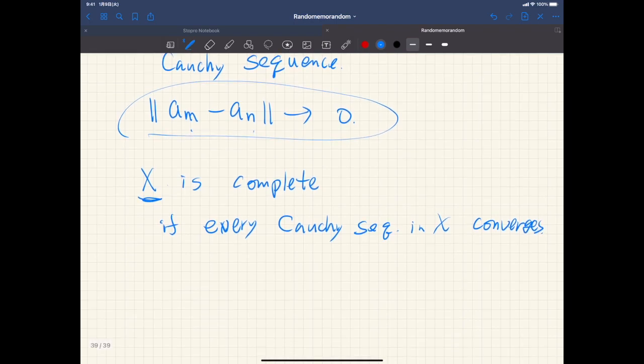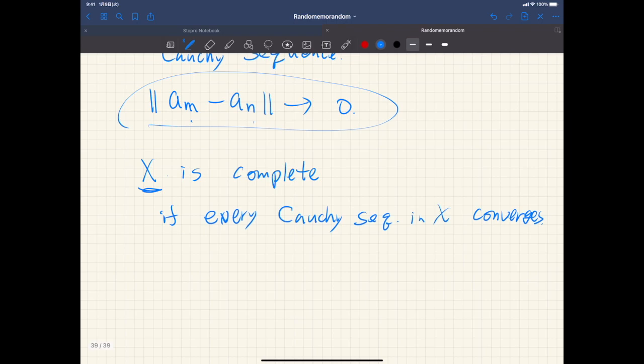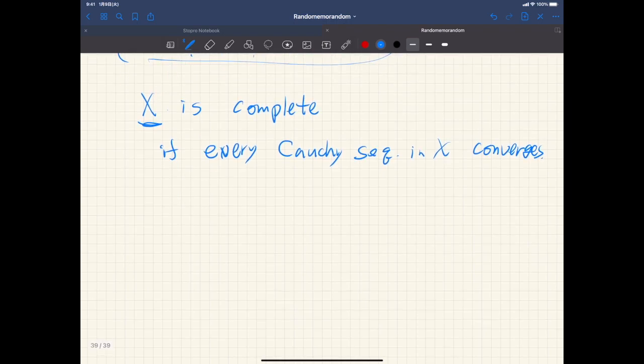Okay, now we have the definition of a Banach space. This is nothing but a complete normed space.